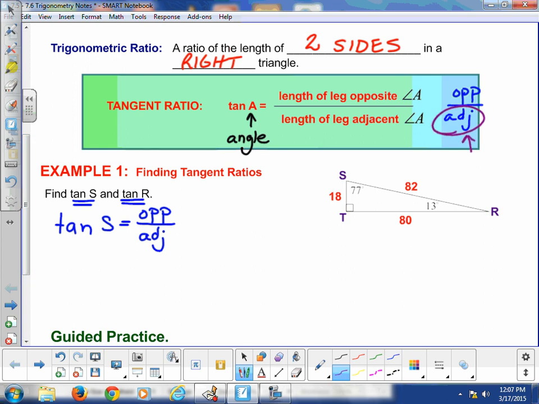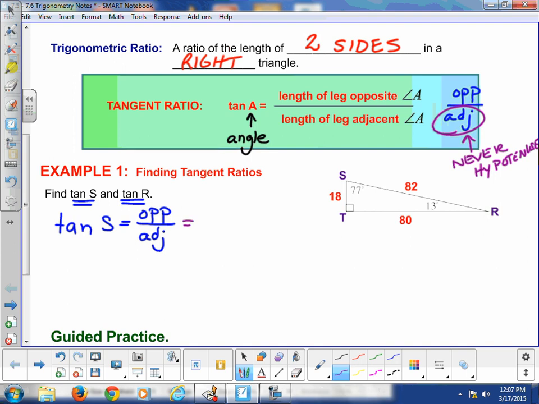Adjacent is never ever the hypotenuse. Okay? It is never ever the hypotenuse. So when I say adjacent, don't ever say hypotenuse for that. When I want you to call out the hypotenuse, I'll say hypotenuse.